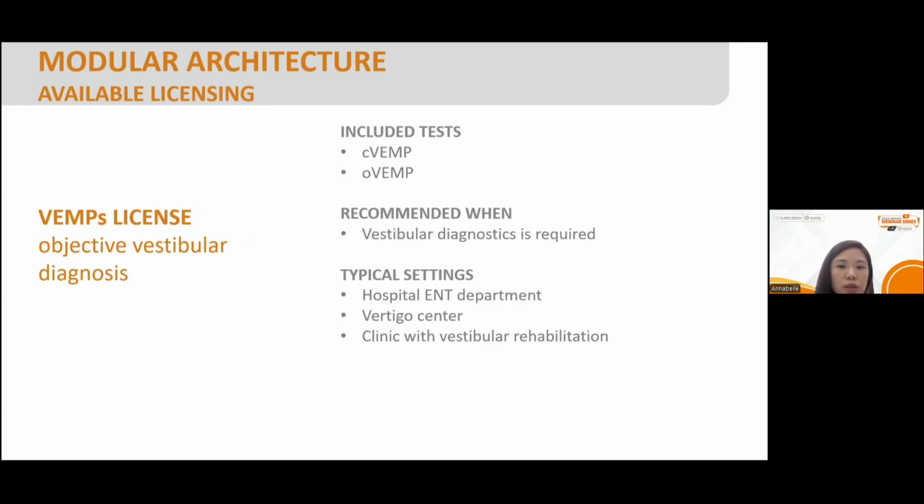Okay, so other than that, we got the CVEMP and the OVEMP, and this is obviously for the vestibular clinic.